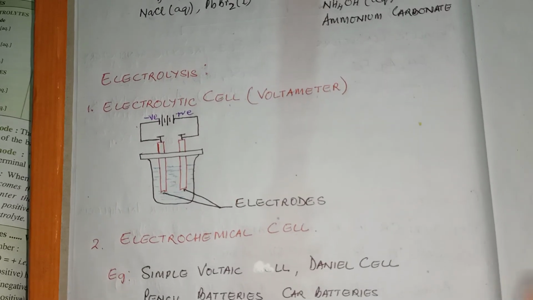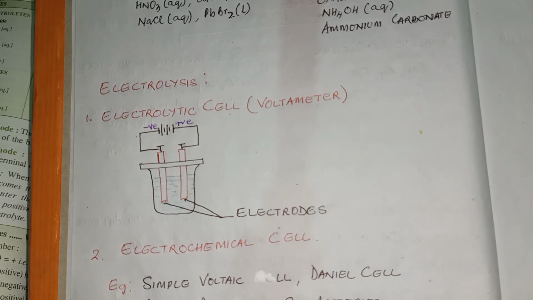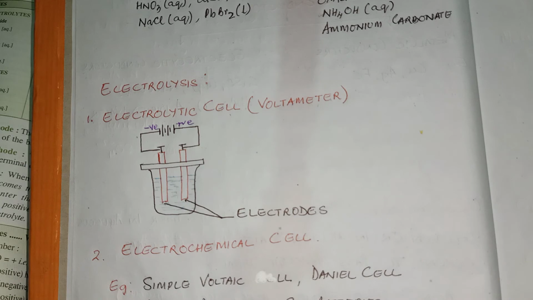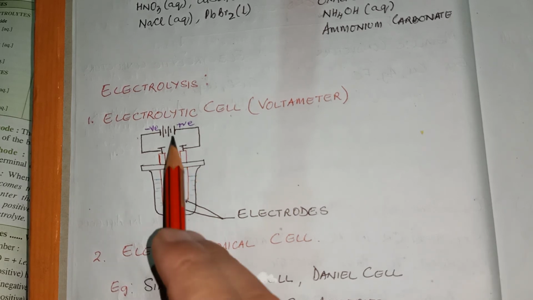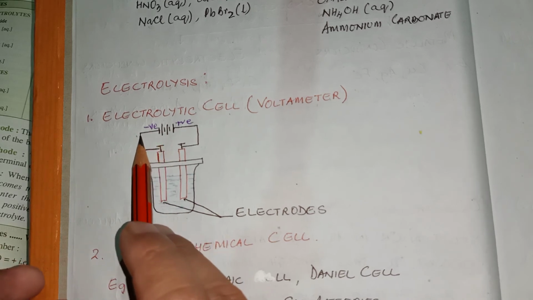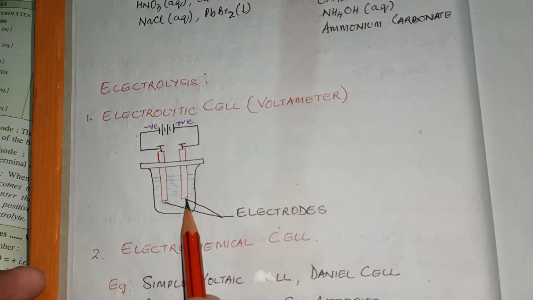Whereas in the electrochemical cell, we don't need to supply external electric current. The electrolytes undergo chemical change, and when they undergo chemical change, they generate electric current. Here electric current is not generated. Already generated electric current is passed into the electrolytes.